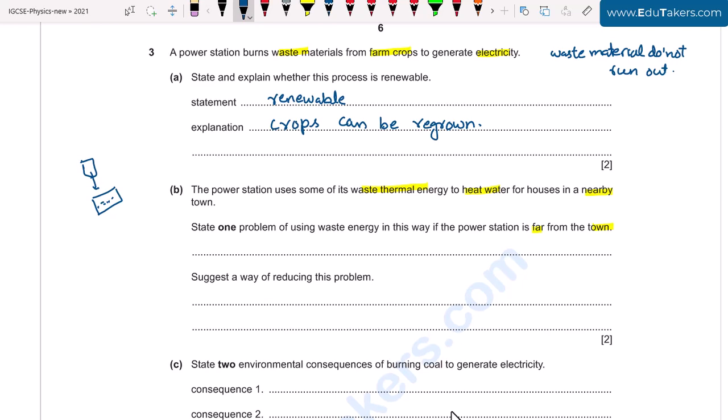It does not cover too much distance, but for the houses that are far from the town, the thermal energy is lost, or we can say that simply the water will cool down. That's why this is the problem for using the waste energy if the power station is far from the town. So I write here water will cool down.